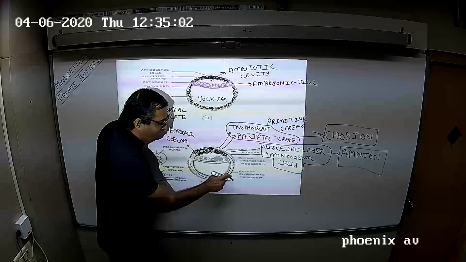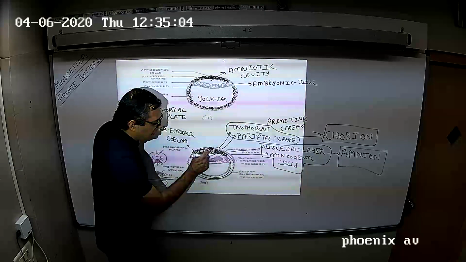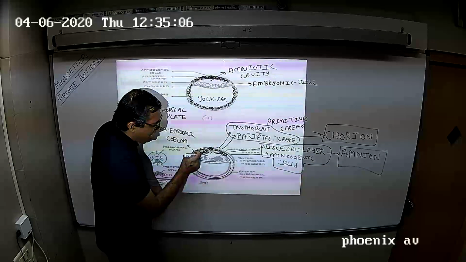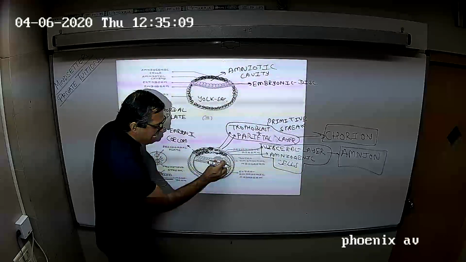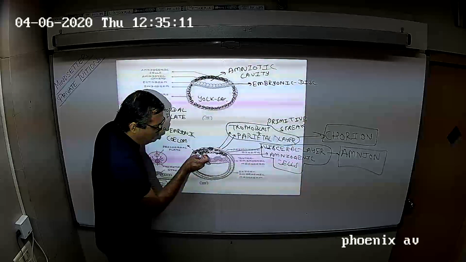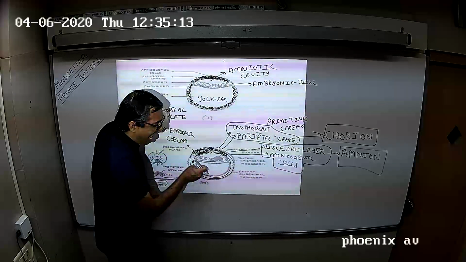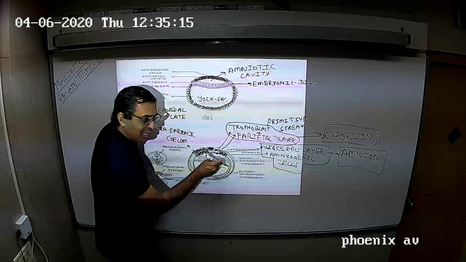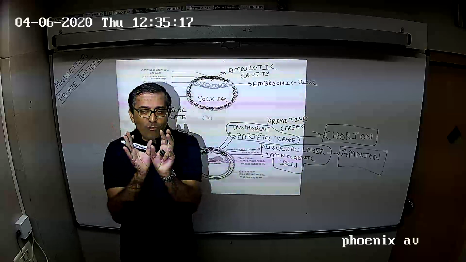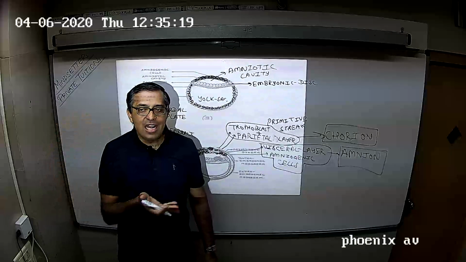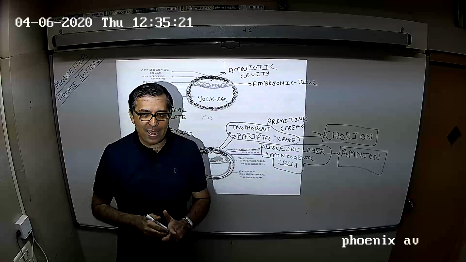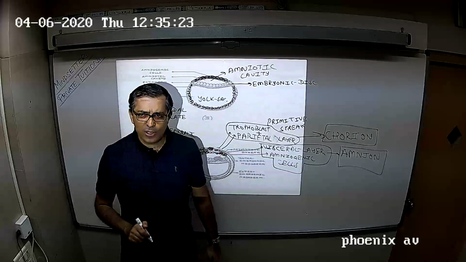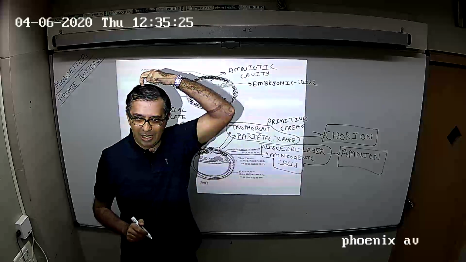Here we have chorion. Here we have amnion, and from here will develop the fetus, and what will surround the fetus? Amniotic fluid. So the amniotic cavity will become bigger and in the future will surround the future baby. Beautiful process called gastrulation.